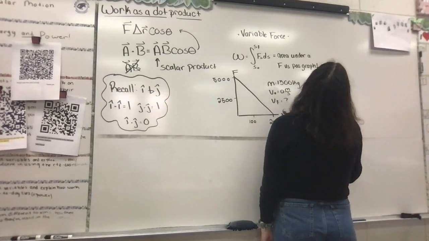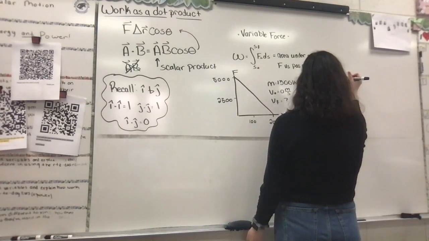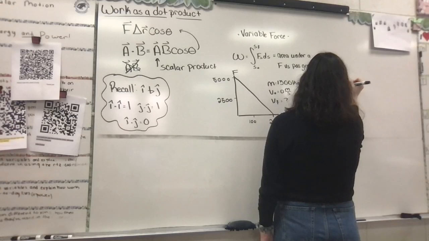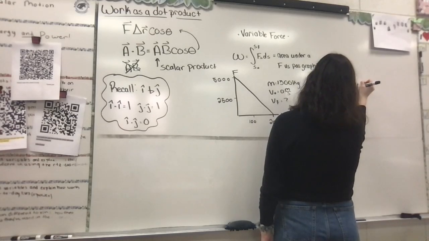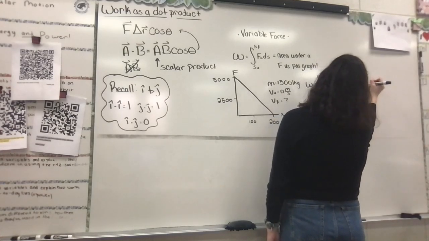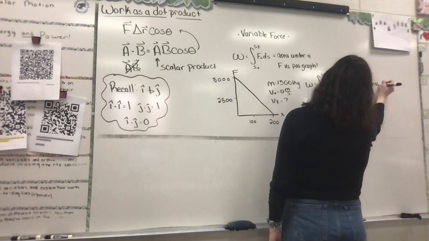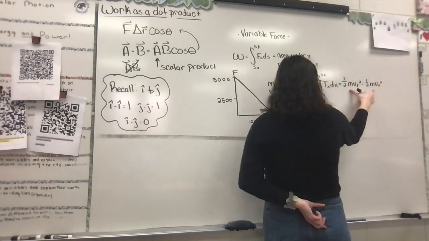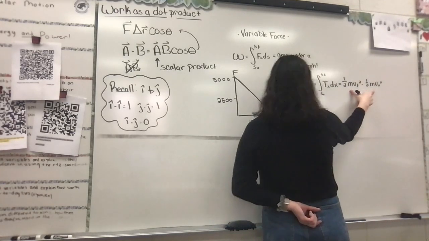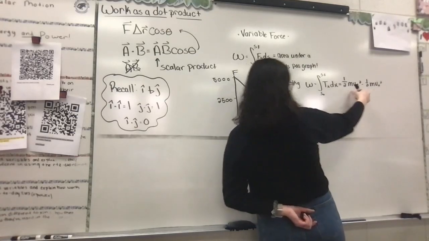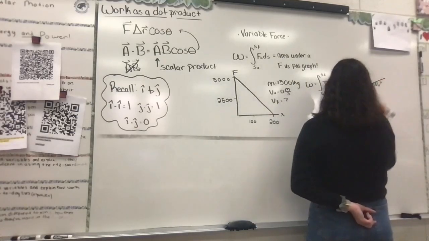And area under the curve. This change in what? Kinetic energy. Are one of these terms equal to 0? Yes. Which one? The initial. Yeah, this whole thing. Bam, 0.